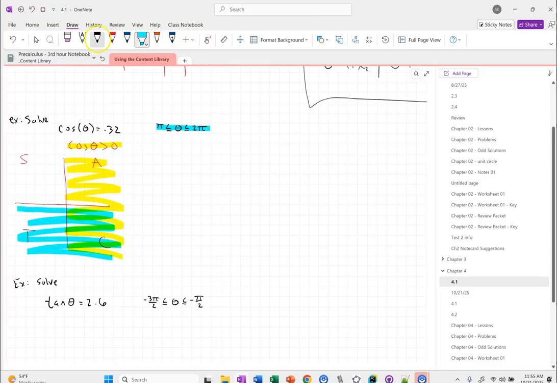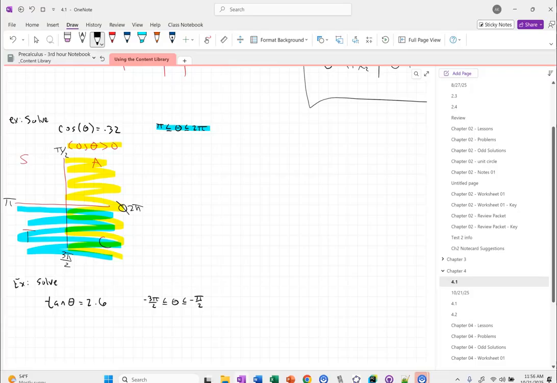And I would suggest as we're doing this to make the labels as we go around. The reason I would do that is because I need those labels in order to use that grid that I just wrote up. So I want to make sure I put my labels on when I'm doing this.